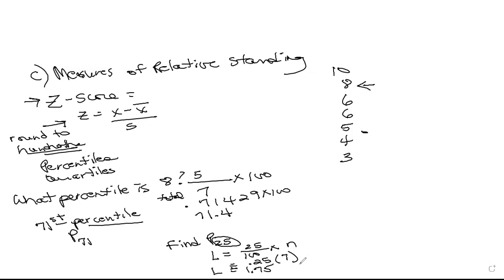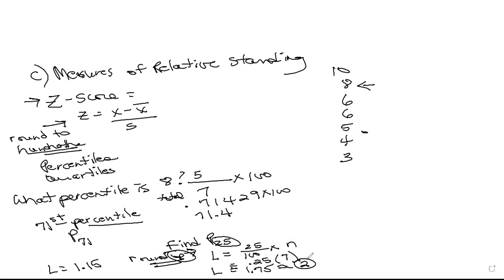On locator numbers, you might write this on the back of your formula sheet: you always round up on locator numbers, not off. So my locator number is a 2. Even if this locator number had been 1.15, I still would have gone up to 2, because I'm rounding up, not rounding off.